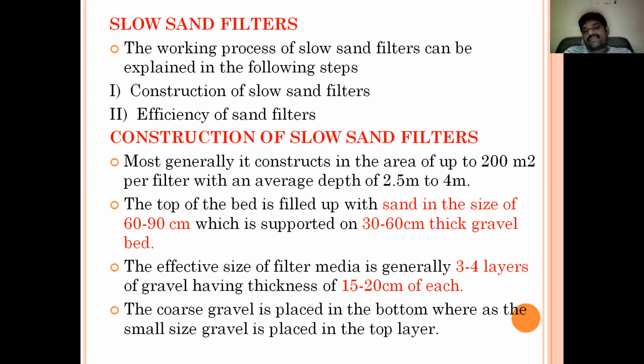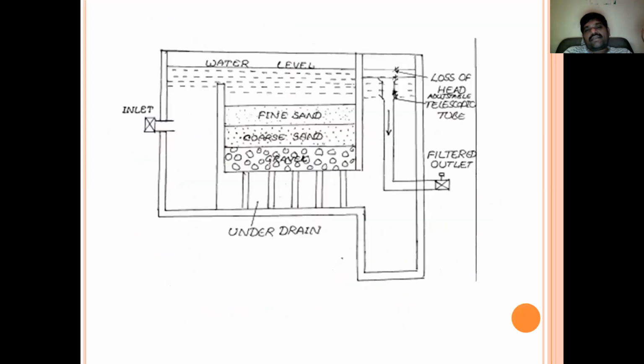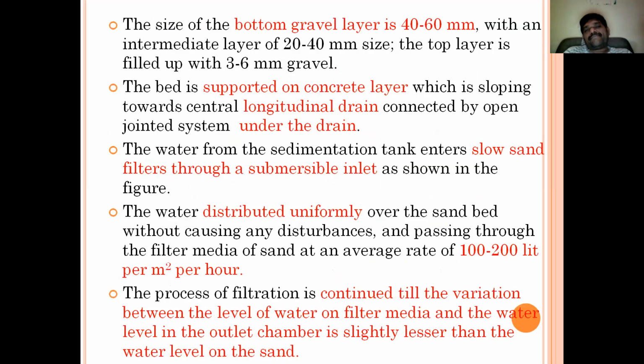First point. The effective size of filter media is generally 3 to 4 layers: sand, coarse sand, gravel. Again, in the gravel, that is also in sequential order: fine gravel, coarse gravel, and pebbles. Likewise, we have seen the construction of the filter bed.